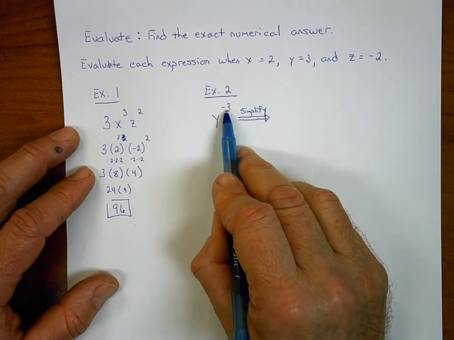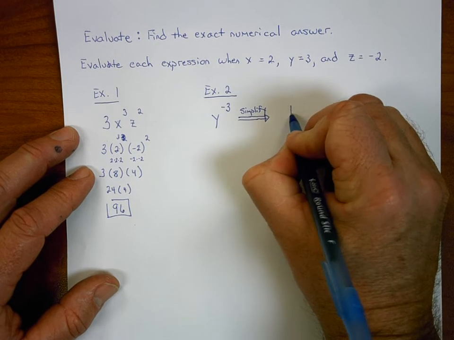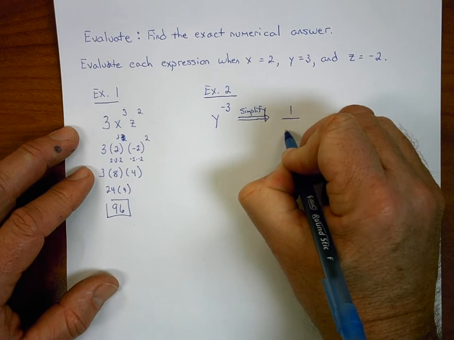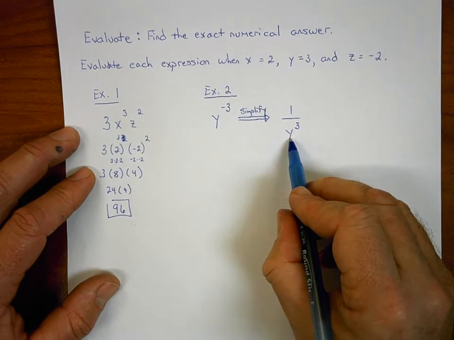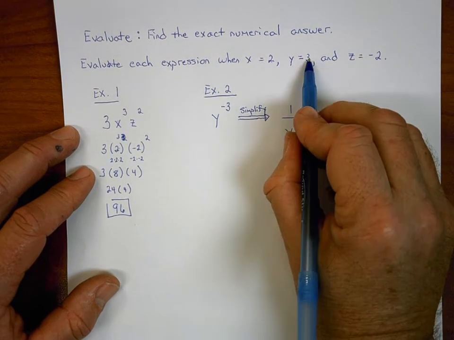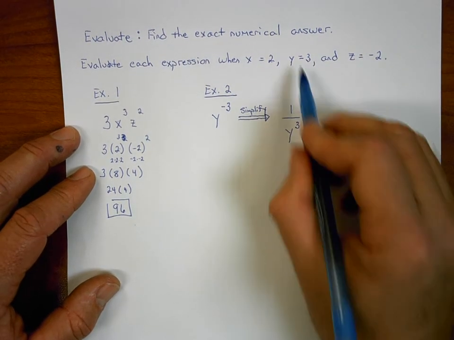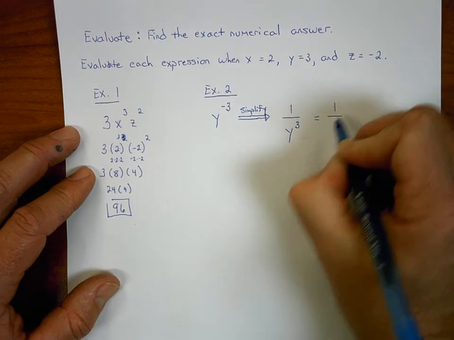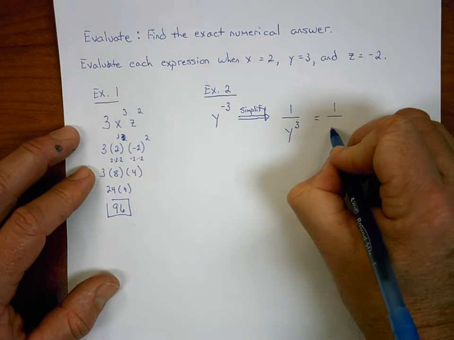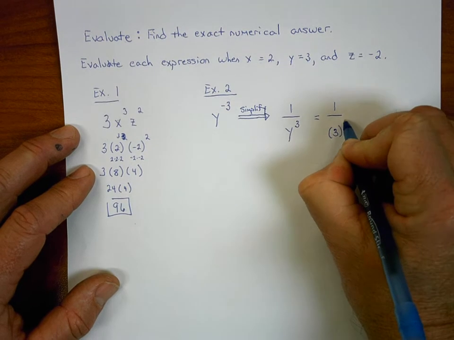So y to the negative third power would simplify into 1 over y to the positive 3 power. At this point, I'm going to substitute the 3 in the place of the variable y. So now my expression turns into 1 over 3 to the third power.